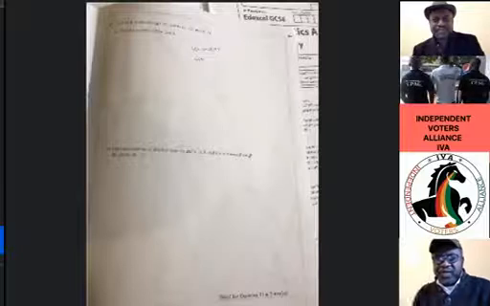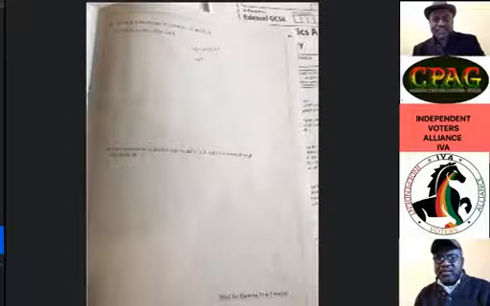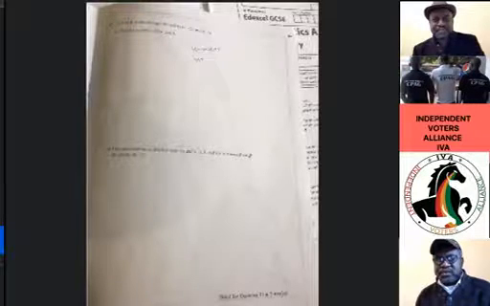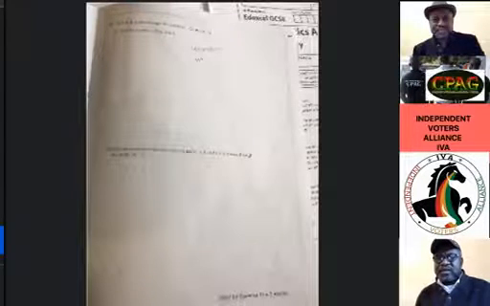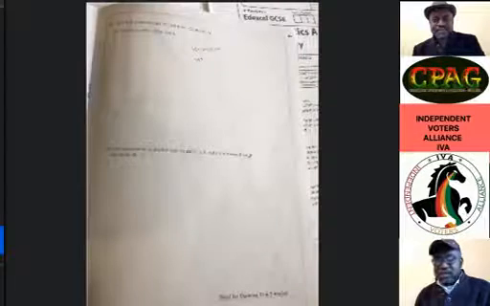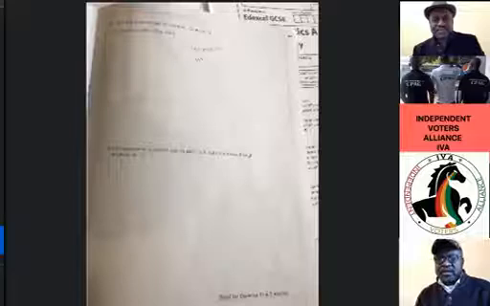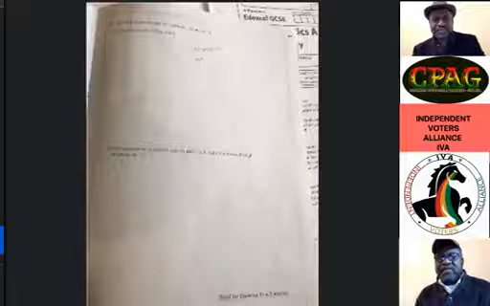Based on the algebra, this is simply finding the equation of a straight line given two coordinates. You've been given two coordinates and you have to find an equation of the line.